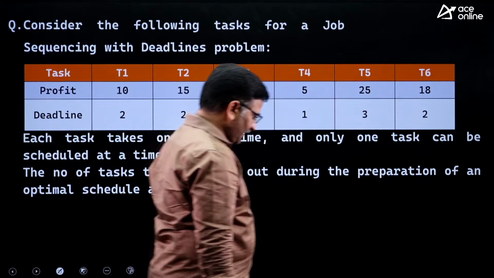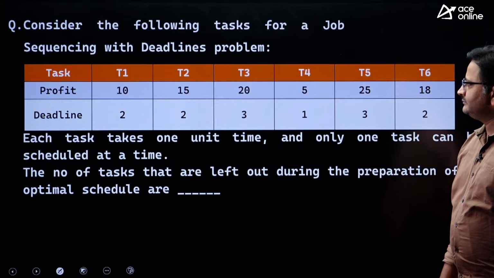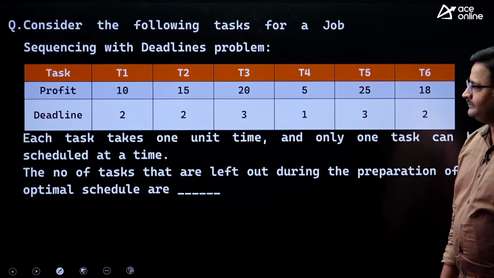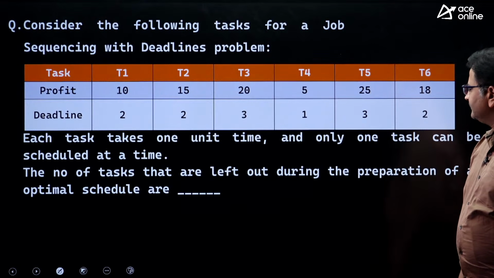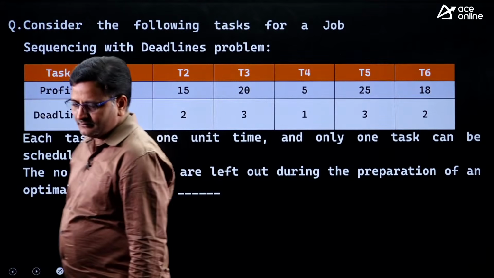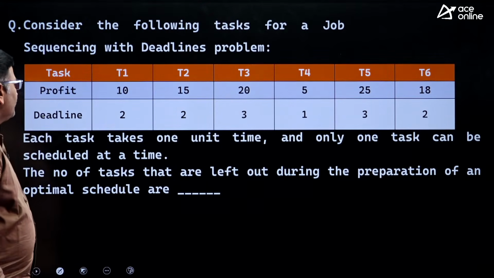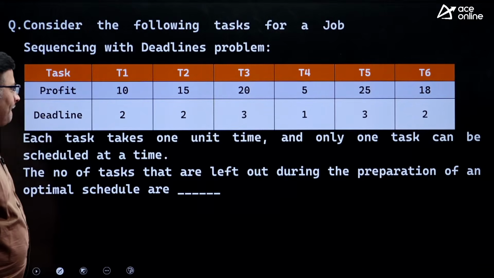So verify whether you are able to get the correct answer or not.